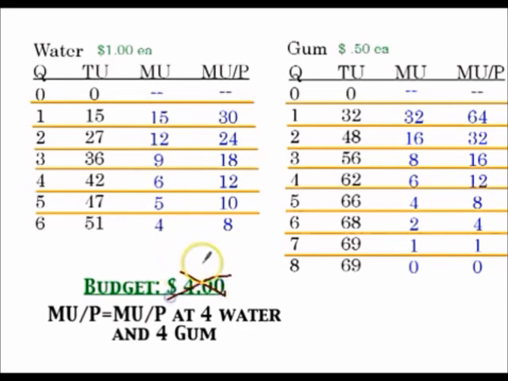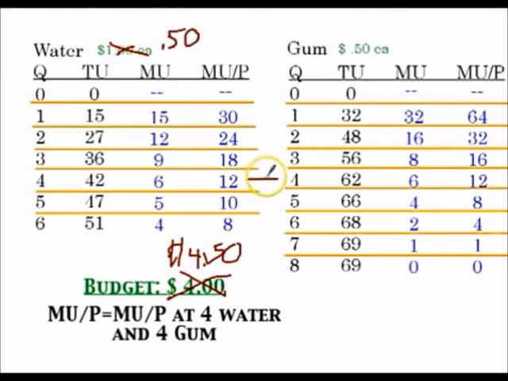Let's say my budget is $4.50. Okay, so change the budget to $4.50. I'm going to leave water at the 50-cent price. So water is going to remain 50 cents like we just did a moment ago, and gum is still 50 cents. So we know that for water and for gum, that's what we're going to purchase.